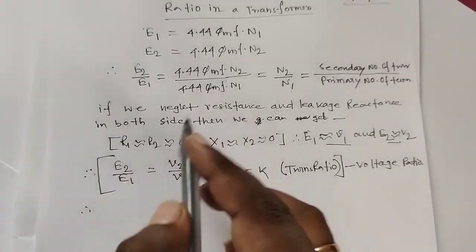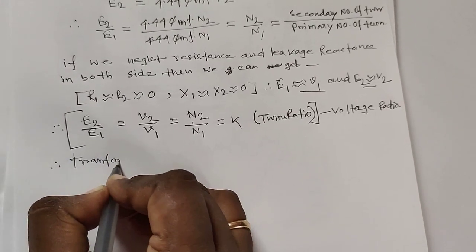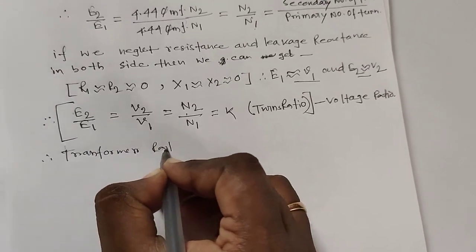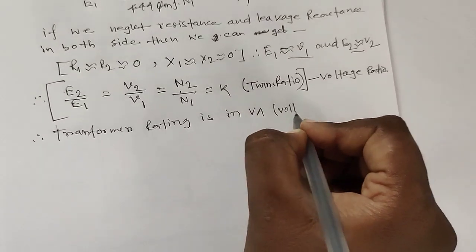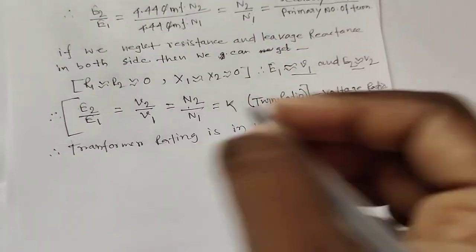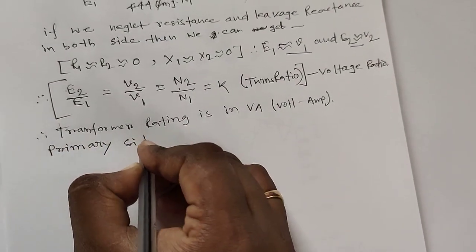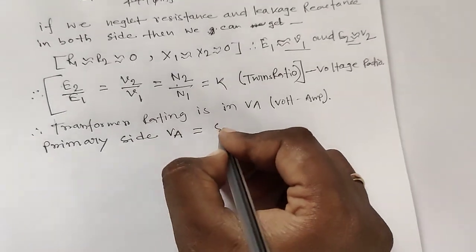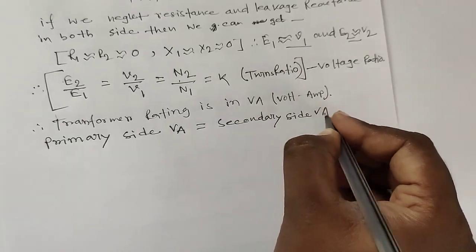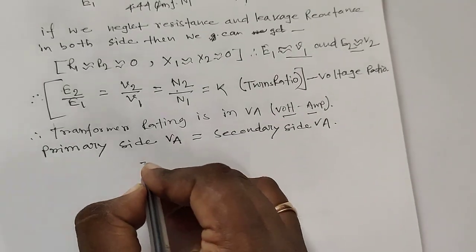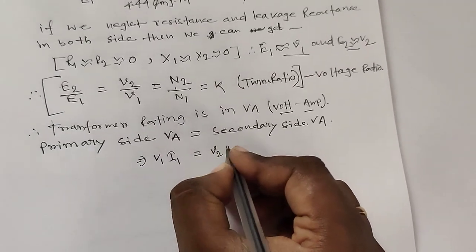The transformer rating is in VA, that means volt-ampere. The primary side VA is equal to the secondary side VA. We can write V1 into I1 is equal to V2 into I2.